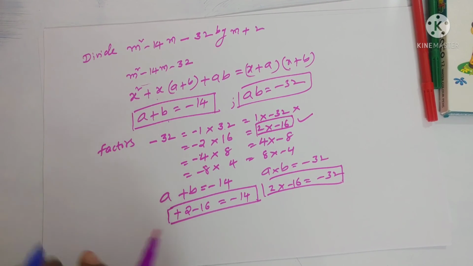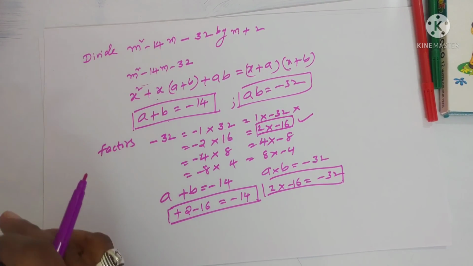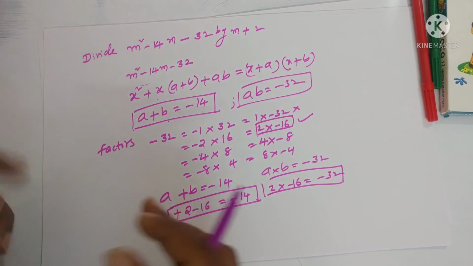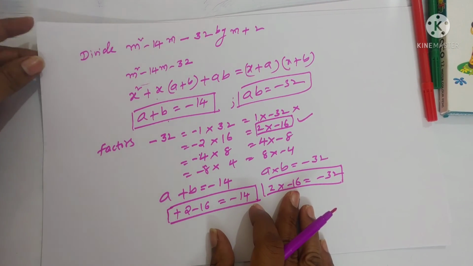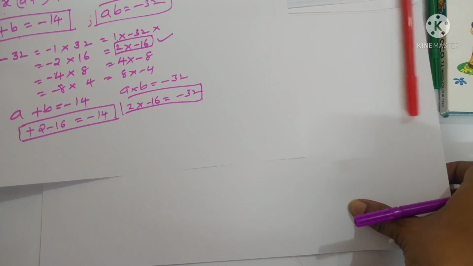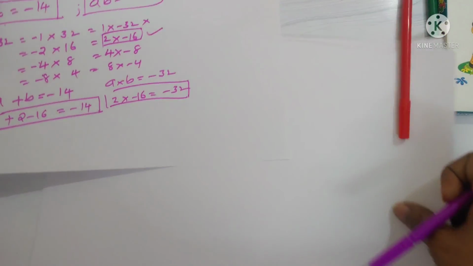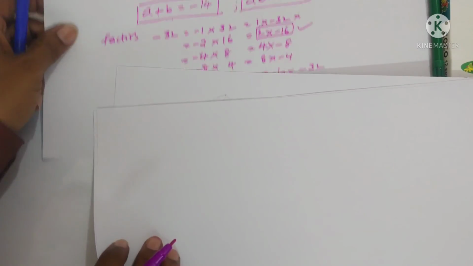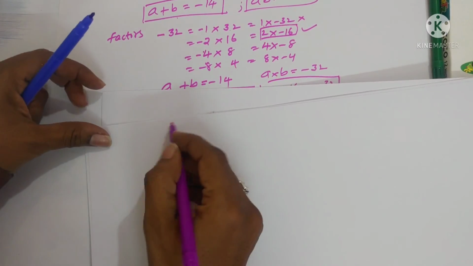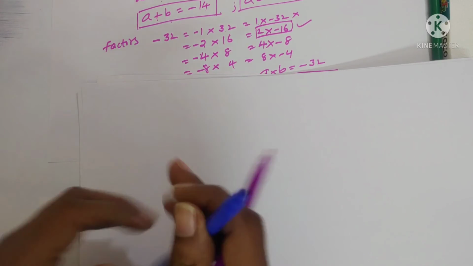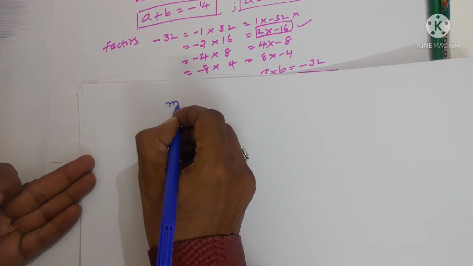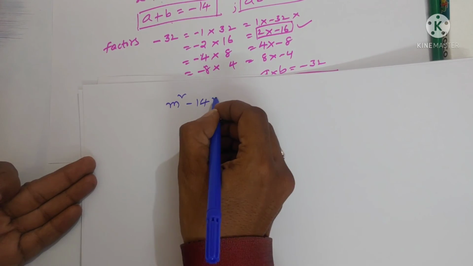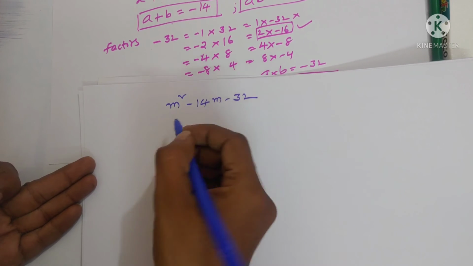Okay, so actually here m square minus 14m minus 32 can be factorized by using splitting of the middle term. Once again I am writing the given expression: m square minus 14m minus 32.